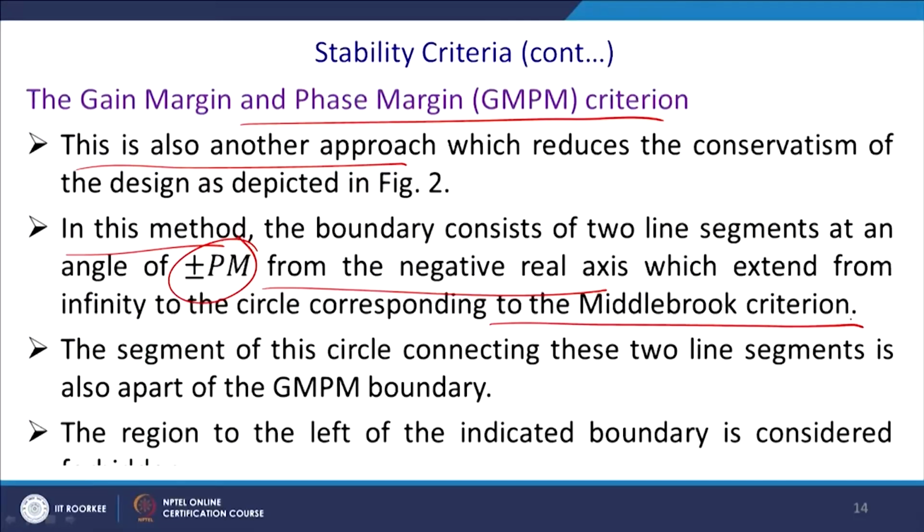Students are requested to take a snapshot or screenshot of my figure number 2, so that they can correlate this statement better. This segment of the circle is connected, and these two line segments are a part of this gain margin, phase margin boundary.